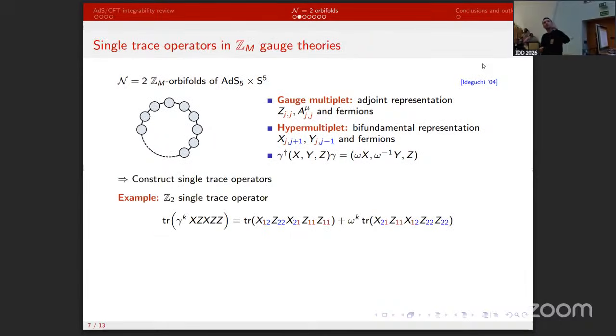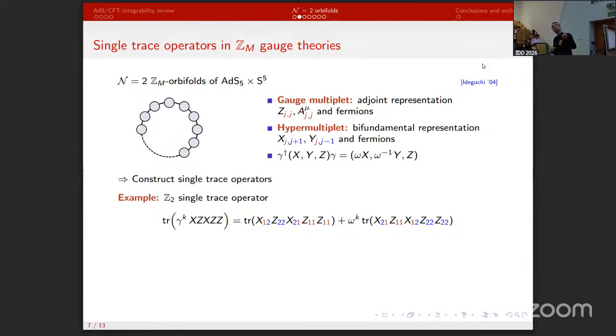Okay, so we looked at the fields. So what about the single trace operators that I introduced earlier? We can build this in the same way. So we have some fields, XZ for instance, and we introduce this gamma^k here in the beginning. And also let's look at the Z2 orbifold since it's simpler.